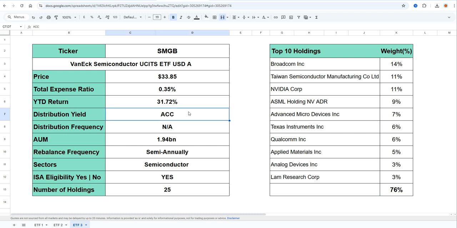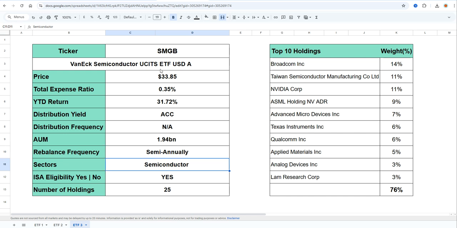Now, the dividends are accumulated. Again, similar thing, $1.94 billion, basically pounds. That is, by the way, not even dollars. This is in pounds, although this is trading in dollars, I think this was in pounds or dollars, whichever it was. And the rebalance frequency is semi-annual, so basically twice a year. That's what they will be doing. And the sector is only semiconductors.